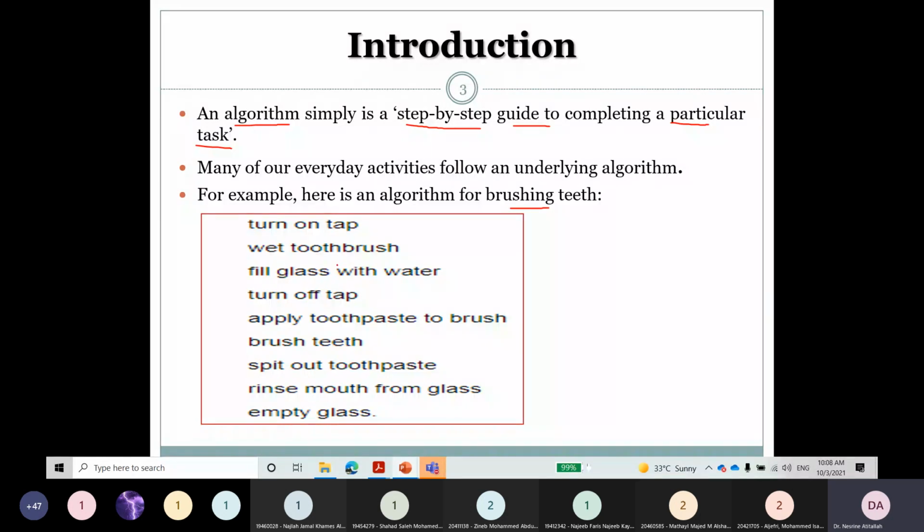Fill a glass with water, turn off the tap, apply toothpaste to the brush, brush your teeth, spit out the toothpaste, etc. So by these steps you will brush your teeth. In fact it is an algorithm, it is step by step.